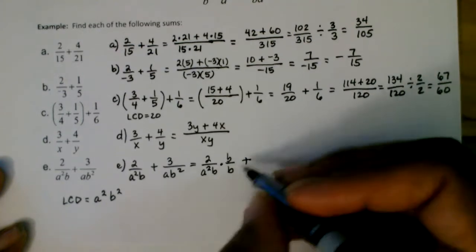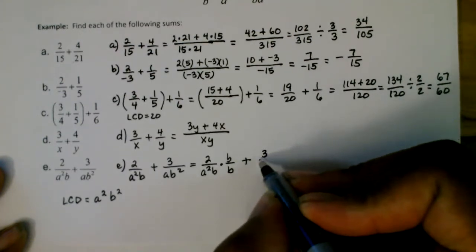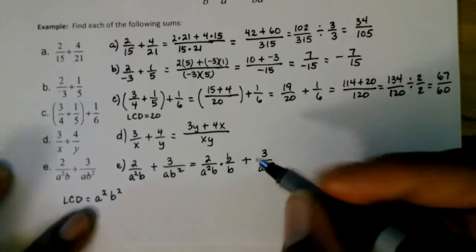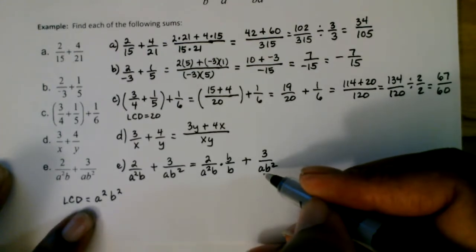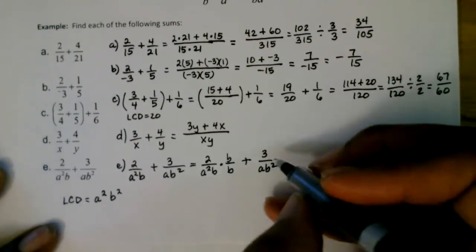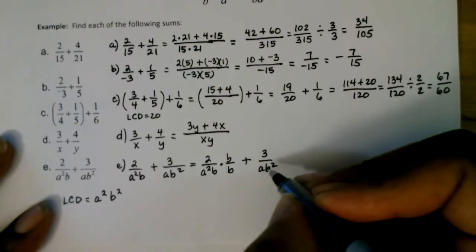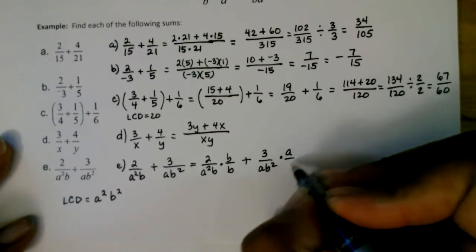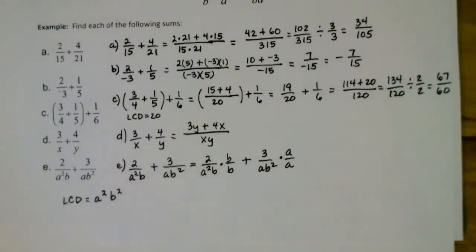And then plus, for the 3 over AB squared, notice that I need another A for that to be A squared. I've already got the B squared, but I need another A for that denominator to be A squared B squared. So I need to multiply the numerator and the denominator by A.